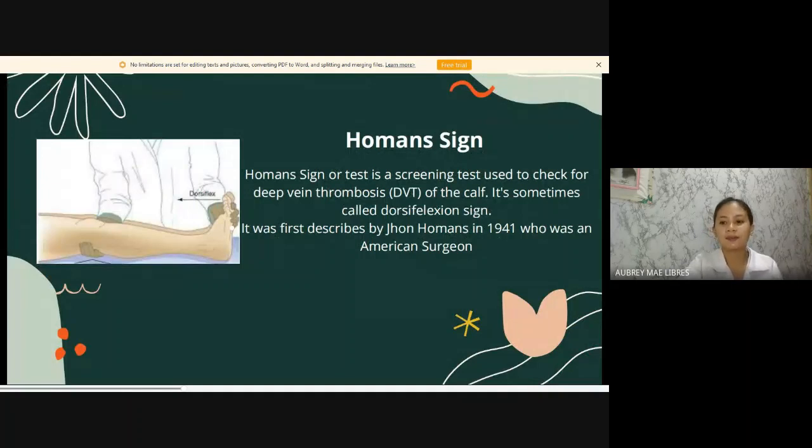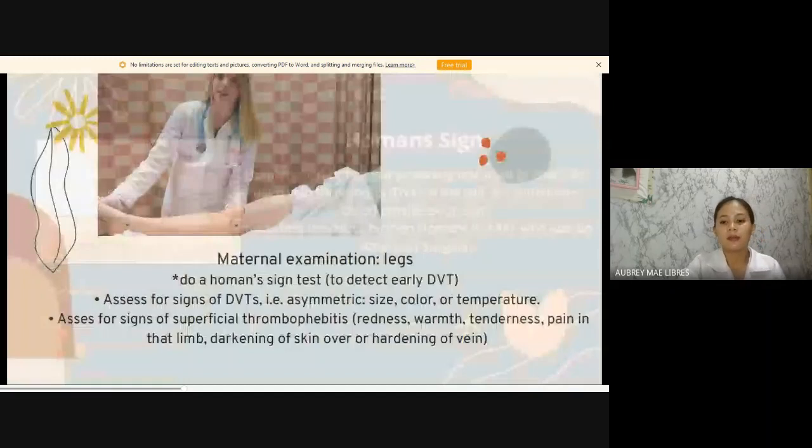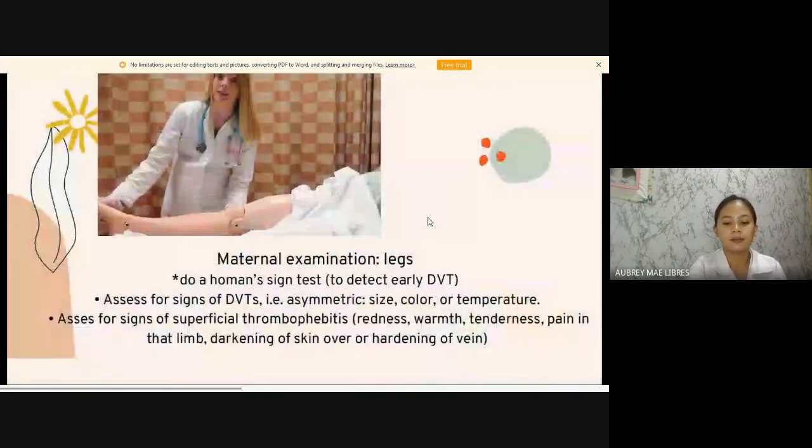It's sometimes called a dorsiflexion sign. It was first described by John Homans in 1941, who was an American surgeon. Then, in maternal examination of the legs, we do a Homans sign test to detect early DVT.